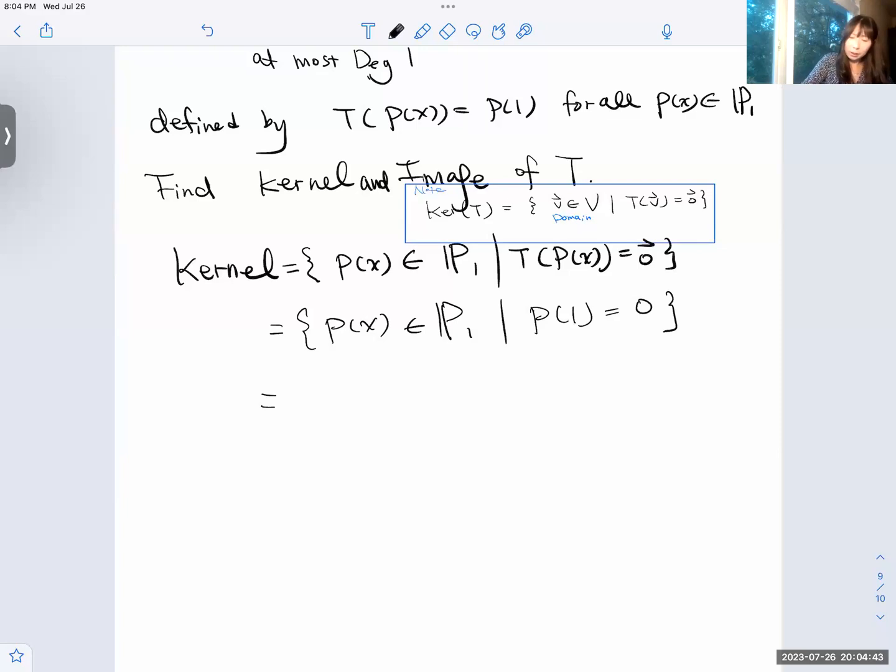Then what kind of polynomial do we have? Degree 1, so we will have the form AX plus B, such that A and B are in R, and we make it equal to 0, so AX plus B equals 0, right?